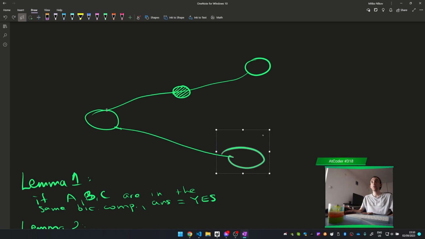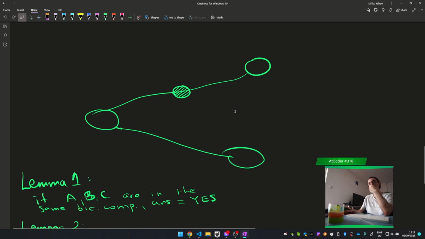And then you want to go, if it has to go back to a node which is not visited from A. It has to visit A again in order to be a successful simple path.